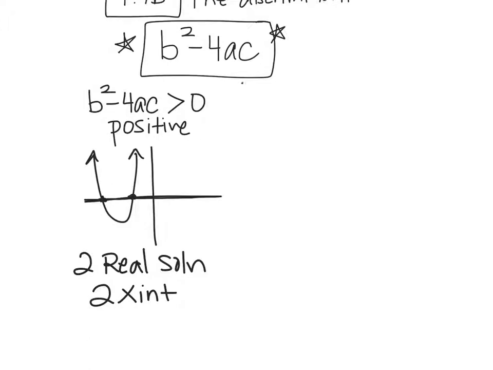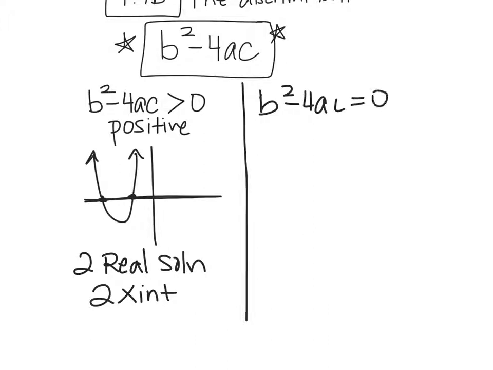All right, if that number, b squared minus 4ac, is exactly 0, and you got one of these last night, I think. Do you remember it? When you got the square root of 0, how many answers did you get? 1.